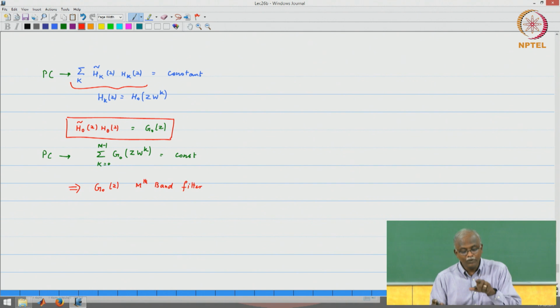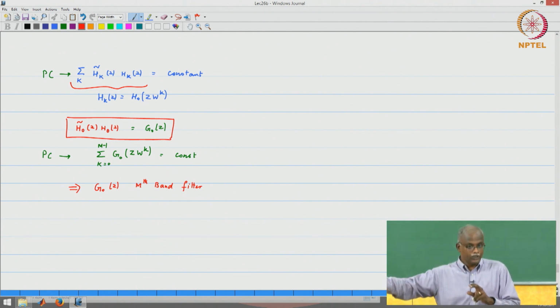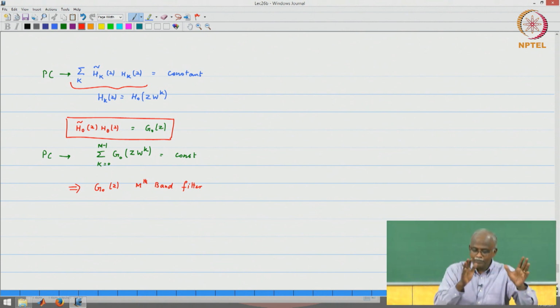Now, what can you tell me about the zeros of H0 and H0 tilde? They are reciprocals of each other. They are non-overlapping, unless they are zeros on the unit circle. Okay. So, what do you have to do? You have to take G0, take its zeros and map them into either H0 or H0 tilde.